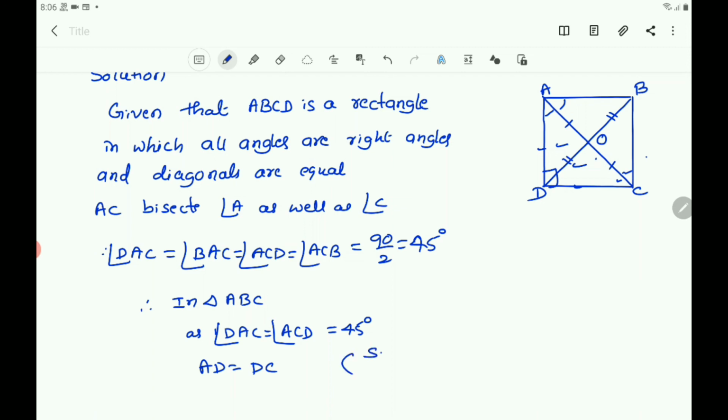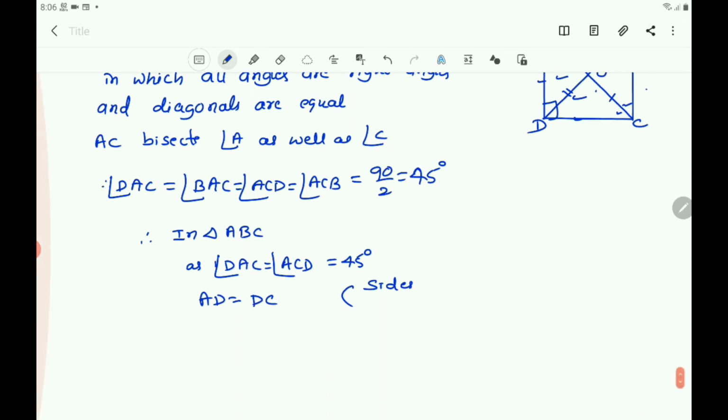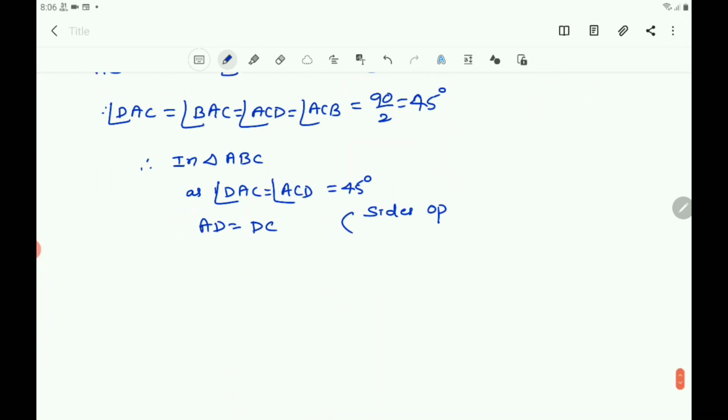You know, sides opposite to equal angles are equal.